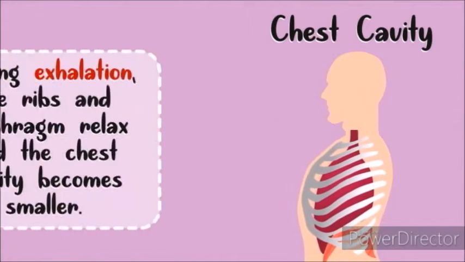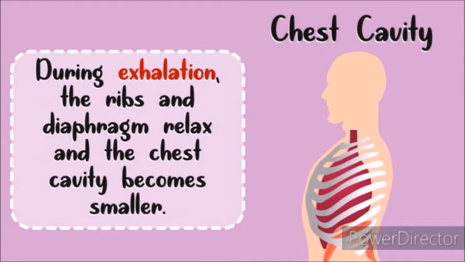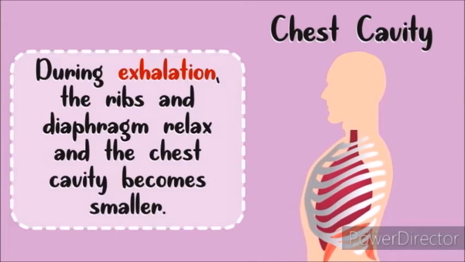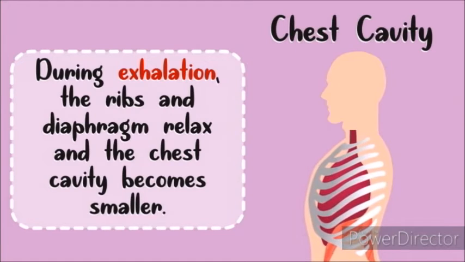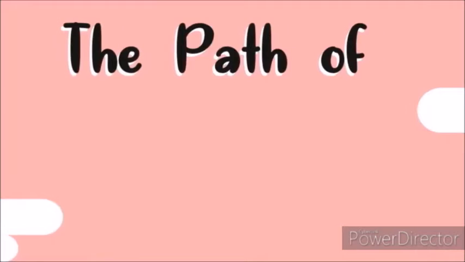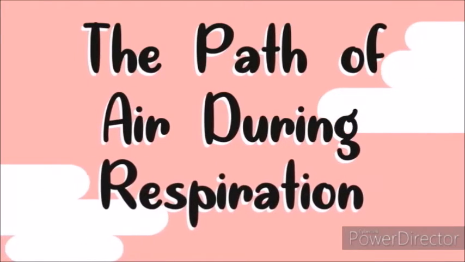During exhalation, the ribs and diaphragm relax and the chest cavity becomes smaller. Now, did you know all the parts of the respiratory system? Let us now describe the path of air during respiration.